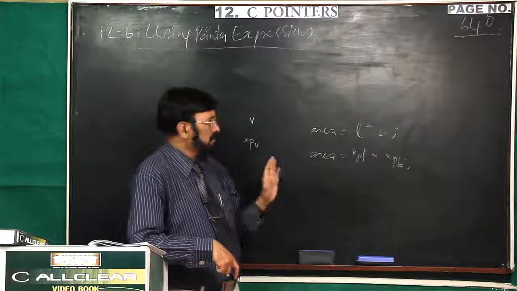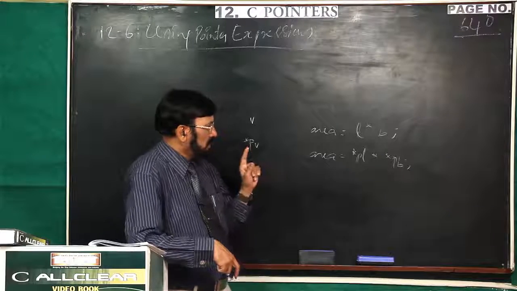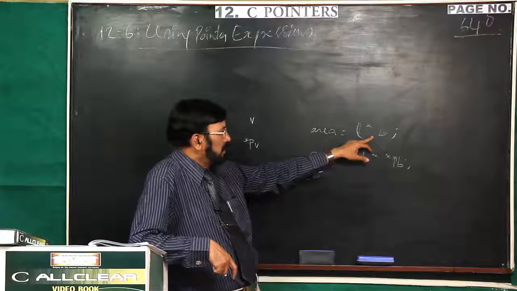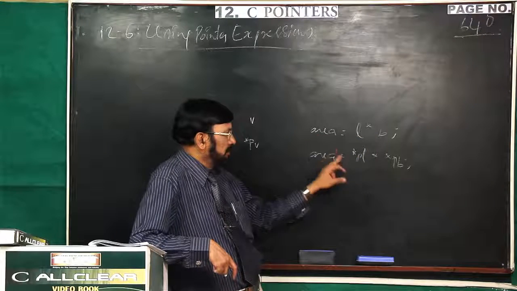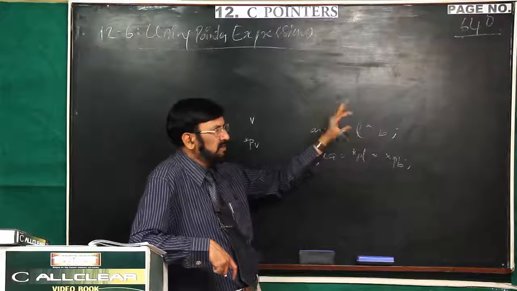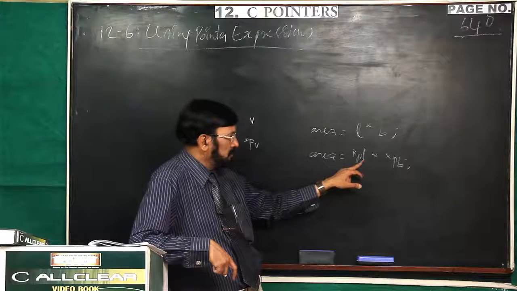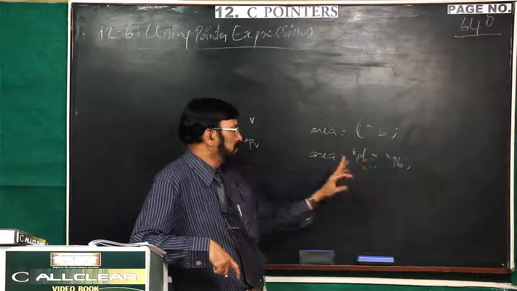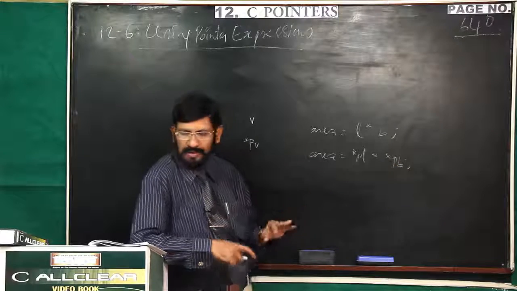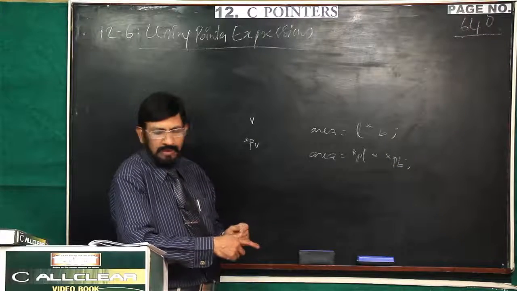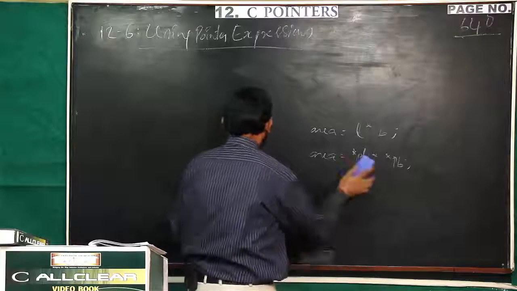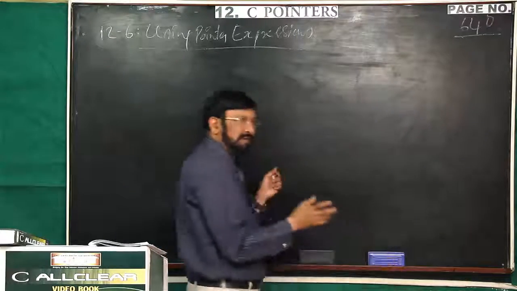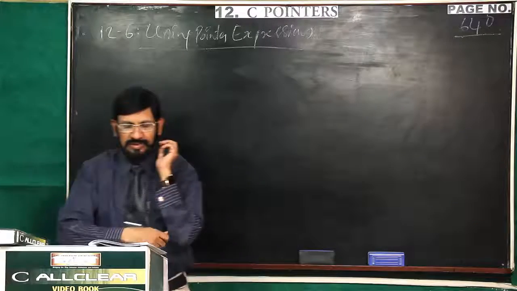But you must believe this, and by this direct notation, you can get the area. After initializing the corresponding pointer variables, you can use *PL into *PB, then also you get the same result. And in 12.7 and 12.8, I am going to introduce this point, and by this, the program efficiency is increased.